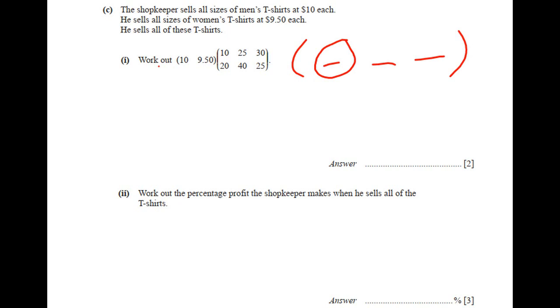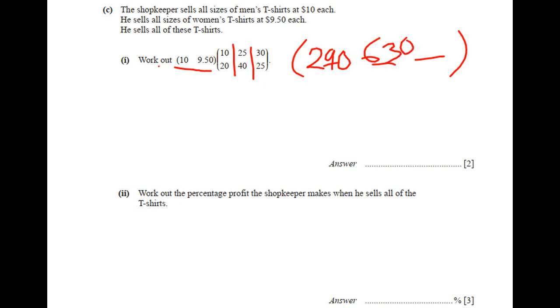So this entry is the first row and the first column. So multiply first row with first column: 10 times 10 plus 9.5 times 20. This will give us 290. Then first row with second column. So 10 times 25 plus 9.5 times 40, which gives us 630.